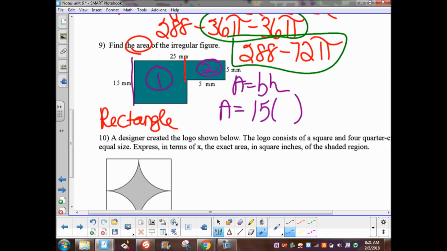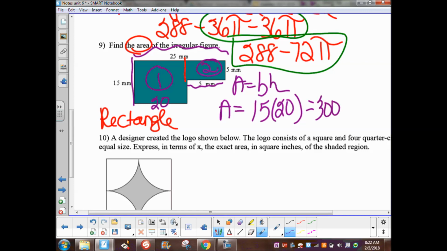Danny? 20. And how are you getting 20? You're right, but how are you getting it? You see the top here is 25, and this little piece is 5, so 25 minus 5 gives me 20. So help me with 15 times 20. Who's got it? Caitlin? 300.